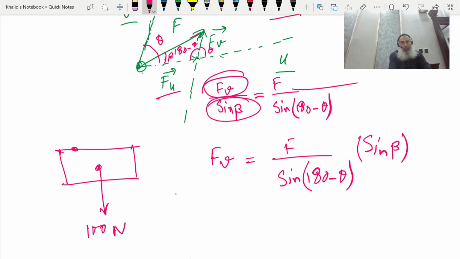Here is a string in this direction, another string in this direction. The tension in this string is F1, and in this string is F2. If I resolve this force into these two directions, along these two axes, here and here, one component along this, second component along this.